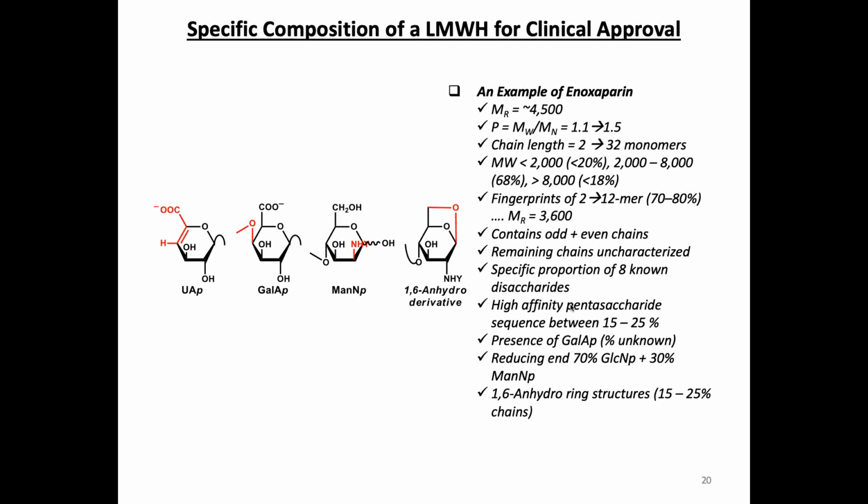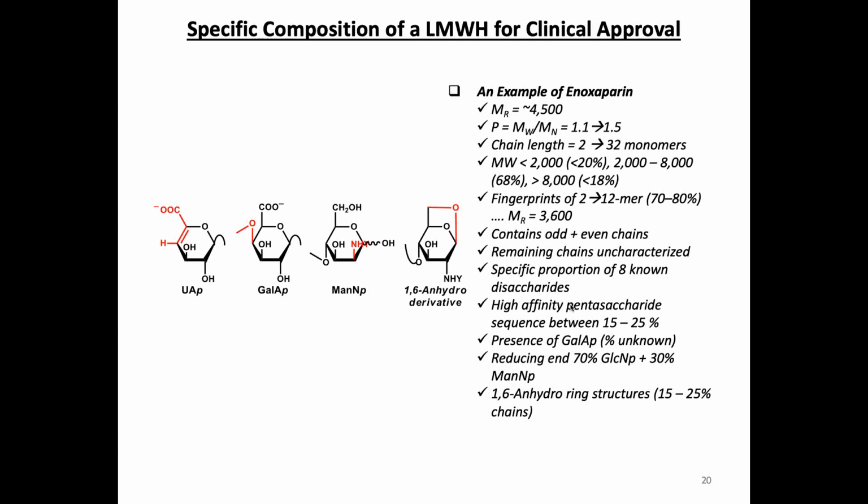We don't really know. It's unknown. You can have 70% reducing end glucosamine, 30% is a new type of glucosamine called mannosamine, which is not present in nature. And then you have 1,6-anhydro ring structures in enoxaparin of approximately 15 to 25%, which are also not present in nature.